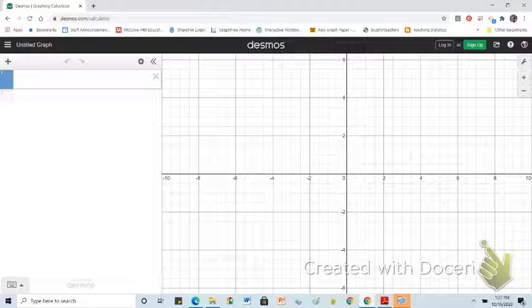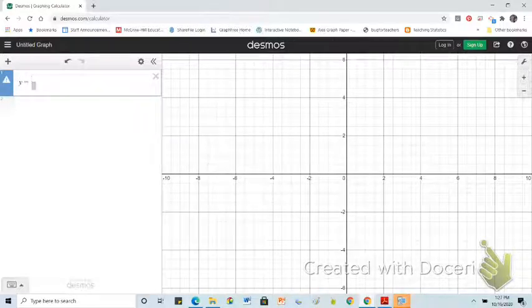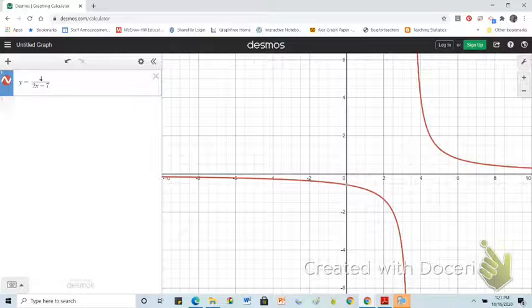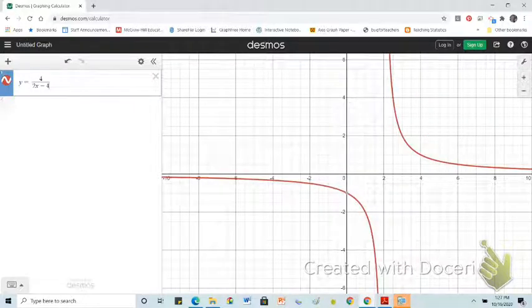So if I use Desmos, I'm going to type in y equals, and then I'm going to hit the divide key so it gives me my fraction. 4 over 2x minus 4. So as you can see, this is my graph. And if I hover over points, it will give me the point. So I need to find a couple more points.